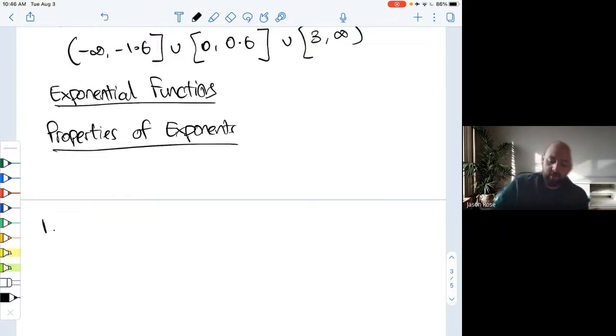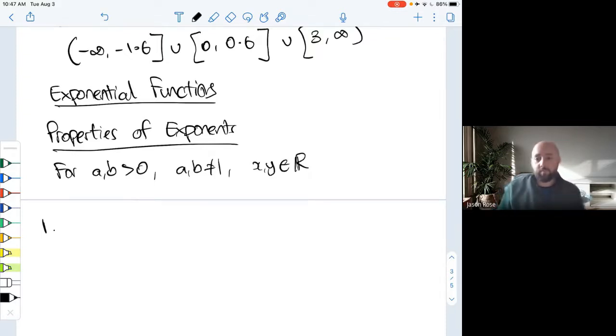It's going to be kind of a reminder. I should state that this is for a and b positive, a and b not equal to 1, and x and y being real numbers. Then we have these properties.